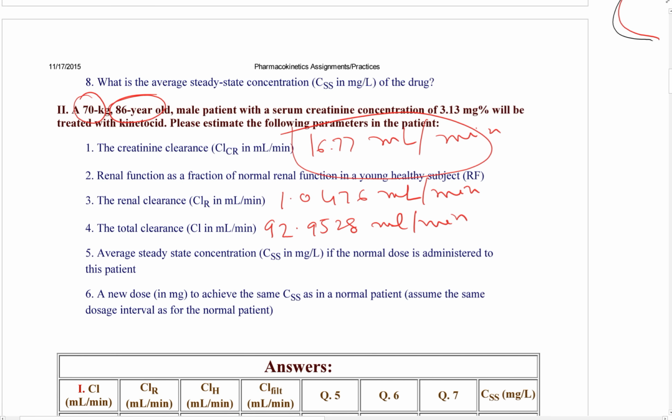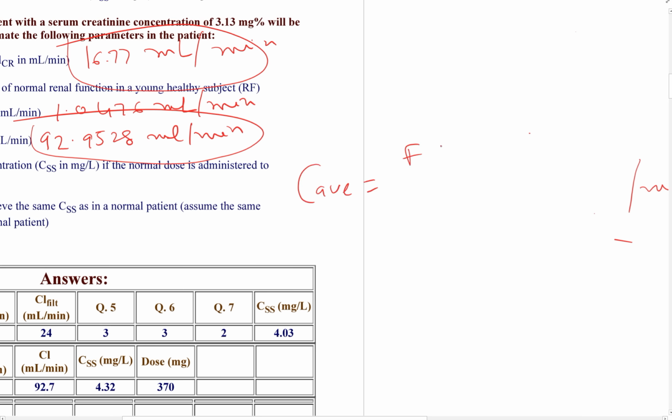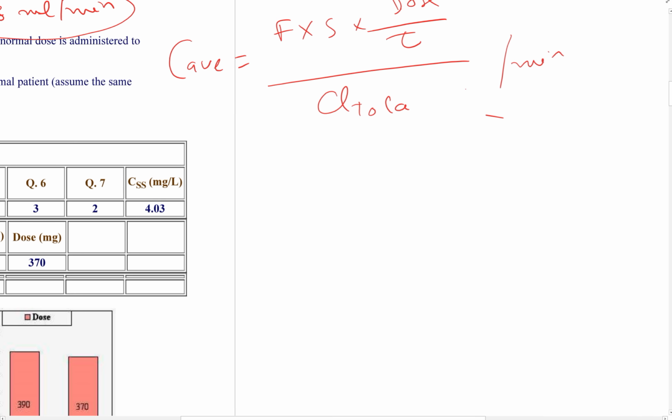And then the average steady state concentration if the normal dose is administered to this patient. Again we do the same calculation as above using this clearance. C average is equal to F times S times dose divided by tau divided by CL total. This is always total, so we use the new CL total.